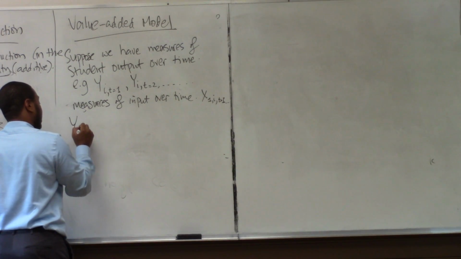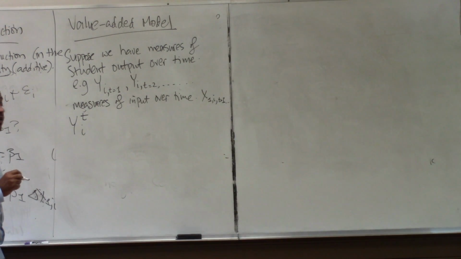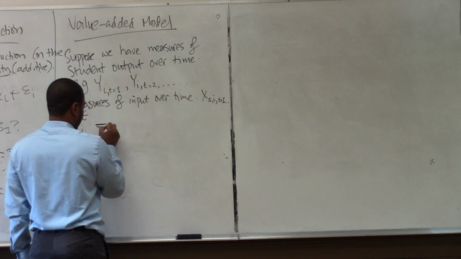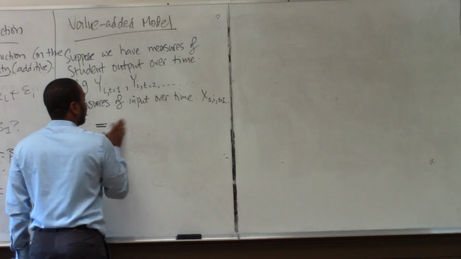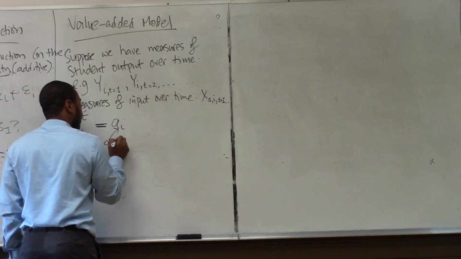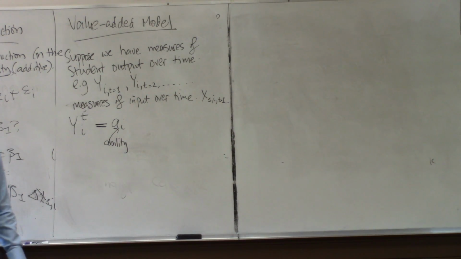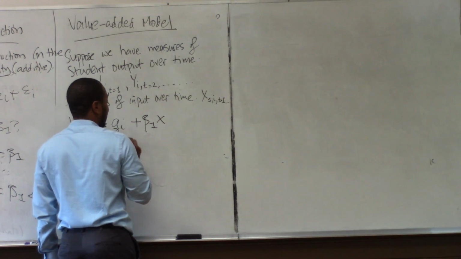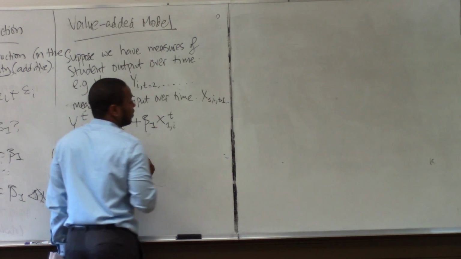We can write out a production function where output for person i in time period t is equal to some alpha i, which is the person's ability. And we're going to take this ability to be the same across all time periods, right? Plus beta 1 times x1, input 1 of person i in time period t.